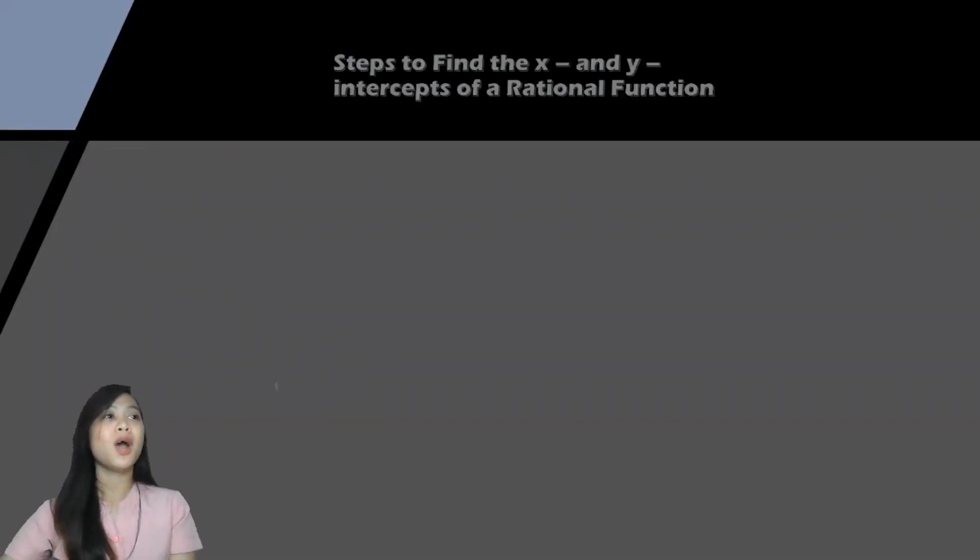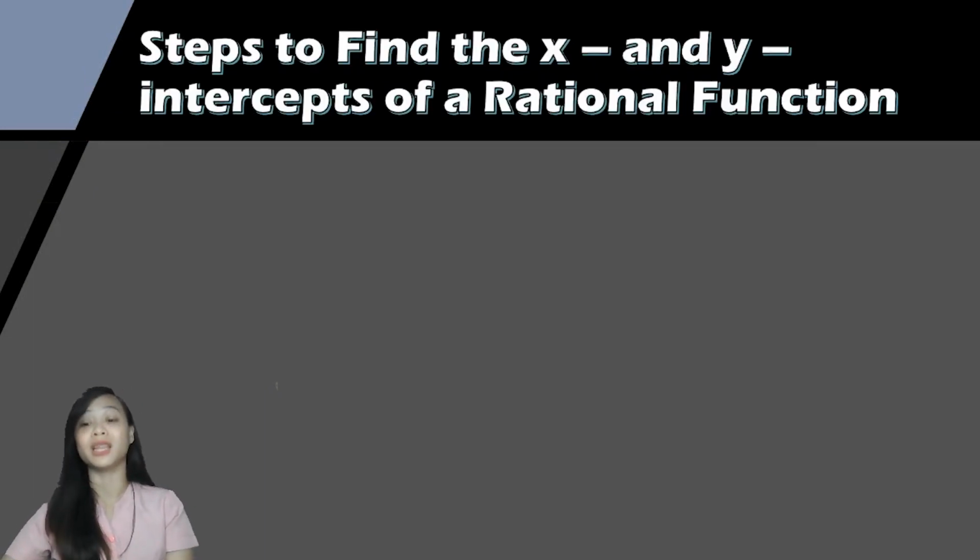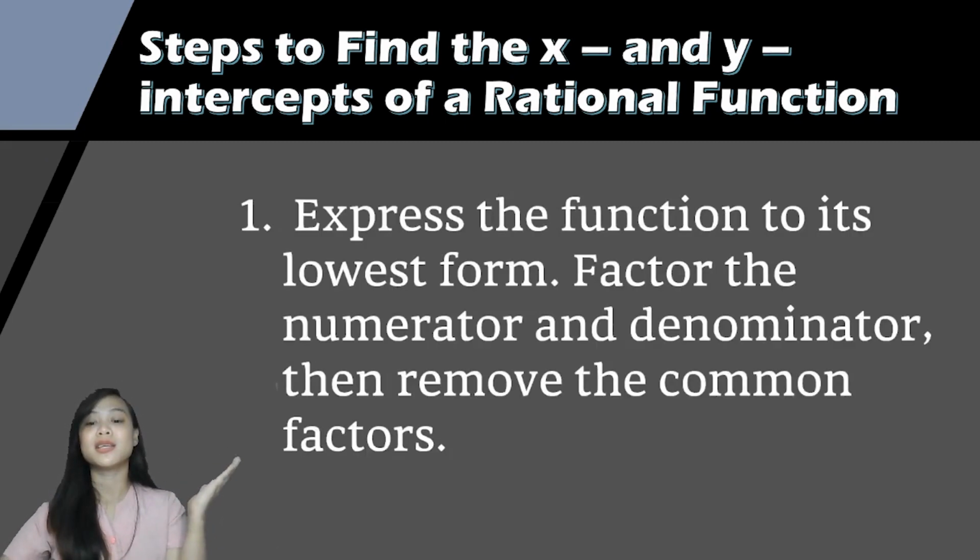Now, how can we find the x and y-intercepts of a rational function? We have here the steps. First, express the function in its lowest form. Simplify it: factor the numerator and denominator, then remove the common factors.